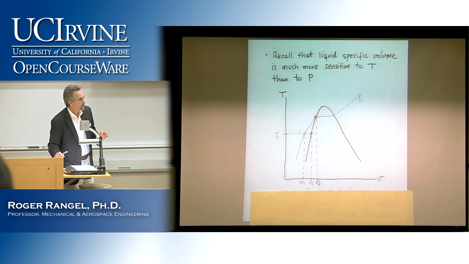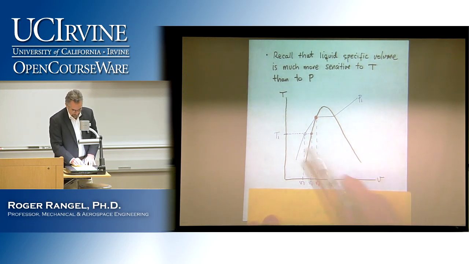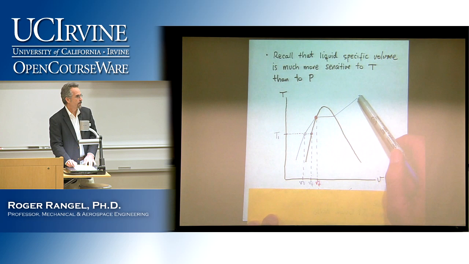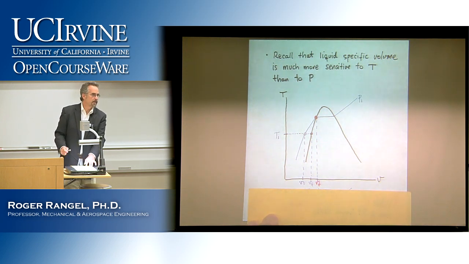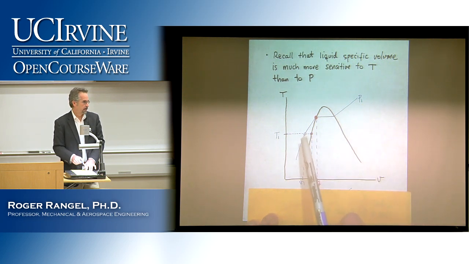That's the state of the system that we're working with. And therefore, it is at some temperature T1, and it is at some pressure P1. Those two pieces of information are sufficient to determine the state from the state postulate, because the temperature and the pressure are independent intensive properties, because I am on the left side of the dome in the compressed liquid area.